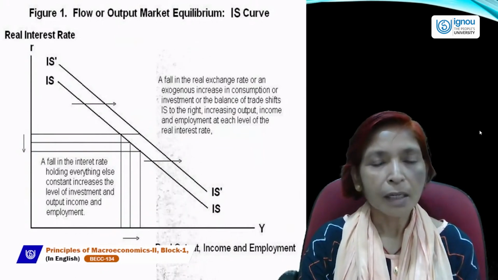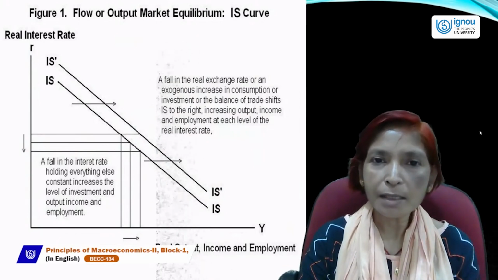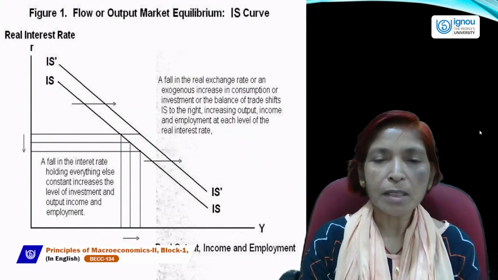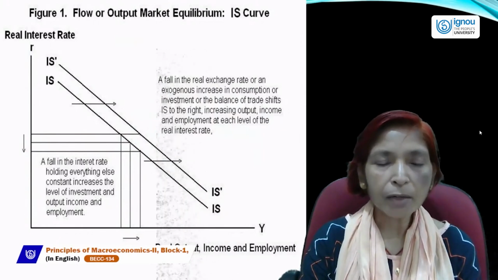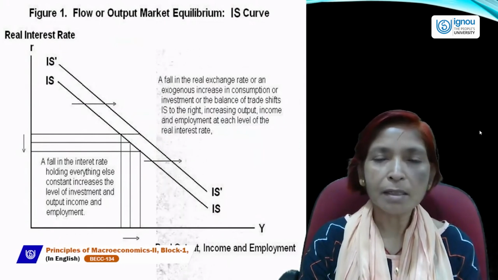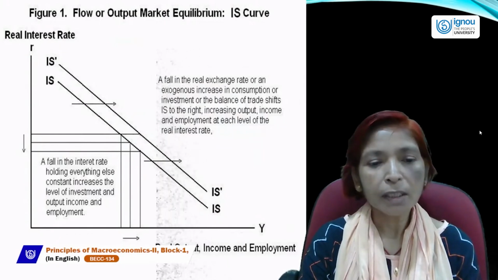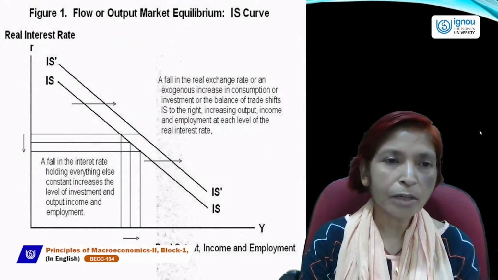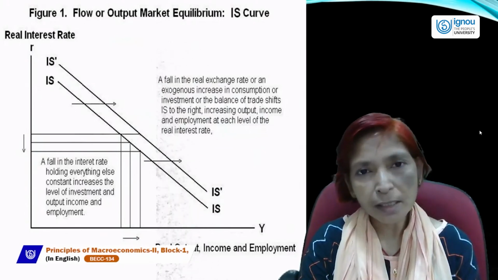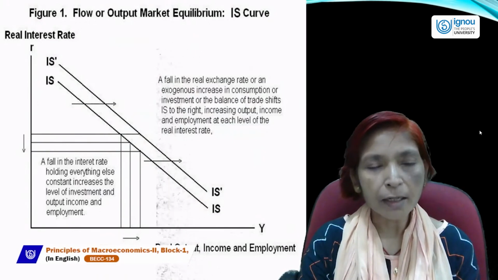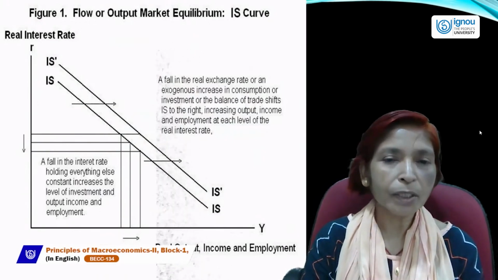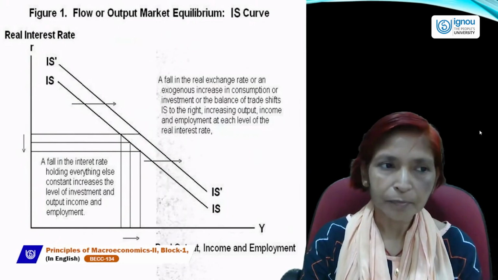In this case, if the government is spending more money, then the income of the country's people will rise, and due to the rise in income, their purchasing power will rise, demand will rise, and the IS curve will shift to the right hand side. Because if demand rises, then production will rise. If production rises, investment will rise. And due to the rise in investment, the IS curve will shift to the right hand side.